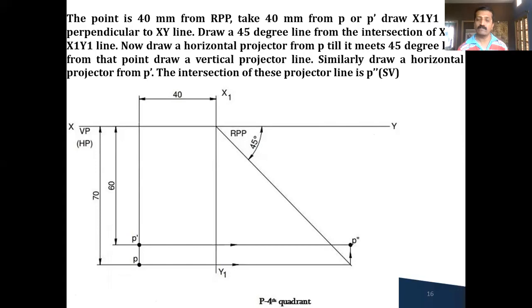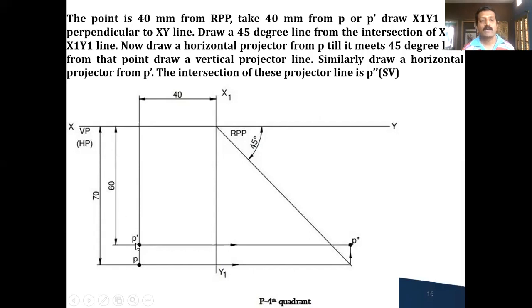That's why in almost 99% of cases, for the side view the distance with respect to RPP is given, because we can easily draw the side view. One case I'll take wherein the LPP distance is also given. So how to draw the projection? In this, the point is 40 millimeter from RPP. The front view and top view, P and P dash, are fixed here.